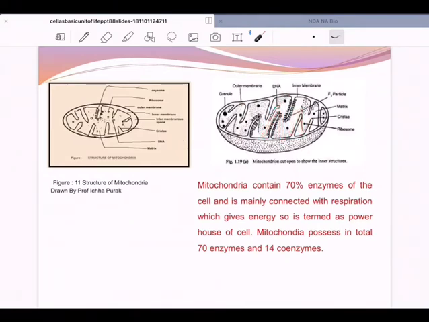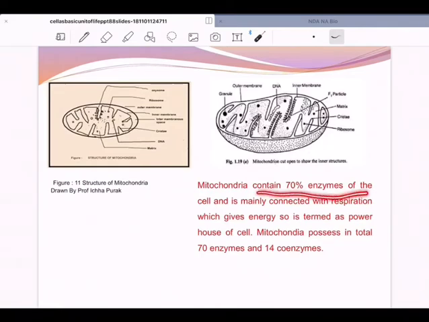And within this finger-like cristae, look at that, there is the F1 particle, the oxysomes we say. Inside you get the matrix, and this matrix has many enzymes. These enzymes play a very crucial role in important physiological functions such as the Krebs cycle.